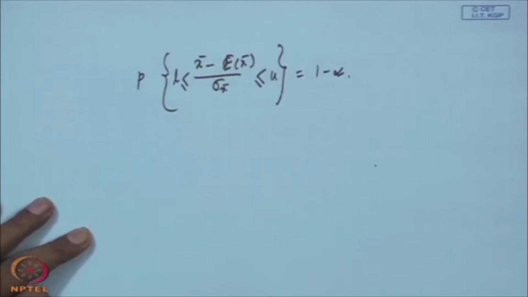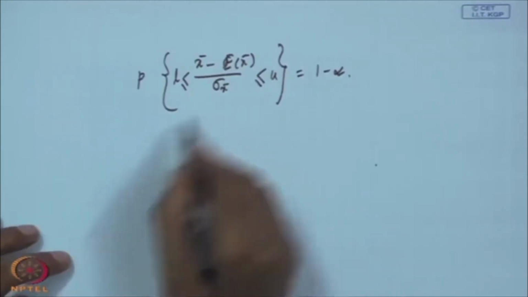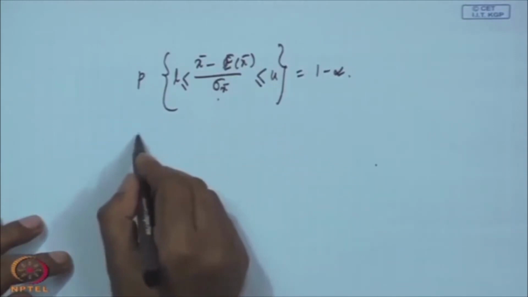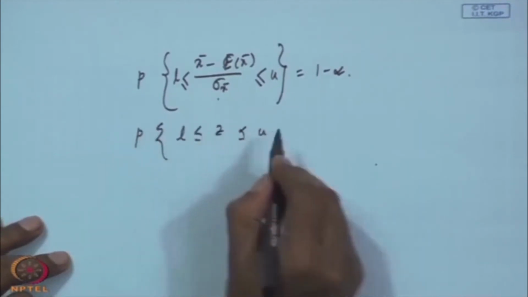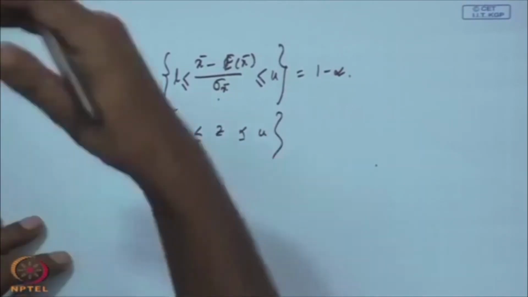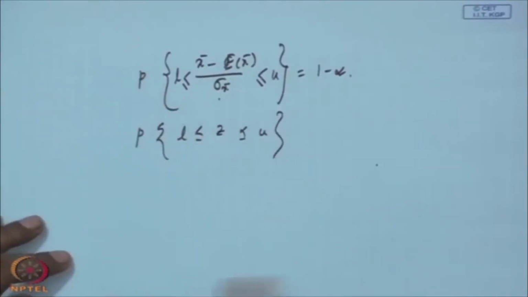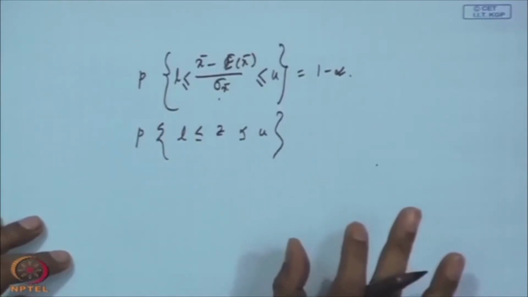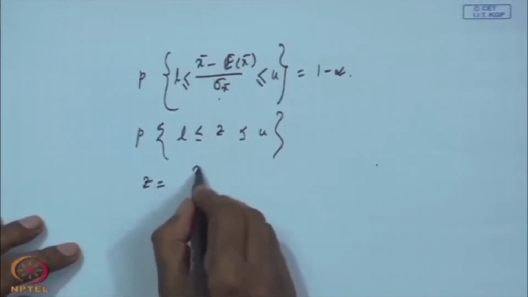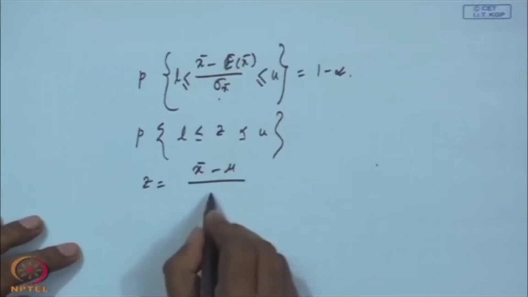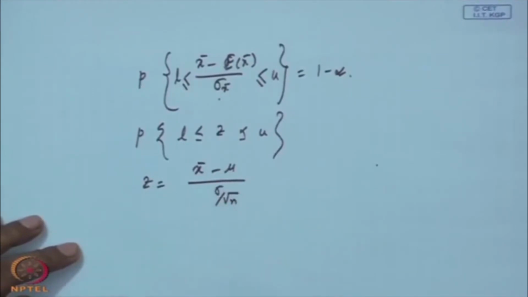Okay. So, if this is nothing but Z, then L is less than or equal to Z less than or equal to U, when some conditions are satisfied, like a normal population, irrespective of sample size, sigma is known. Then we write Z equal to x bar minus mu by sigma by root n.